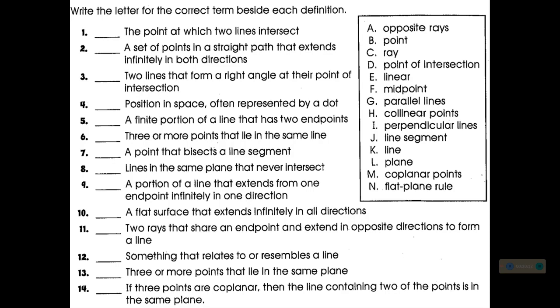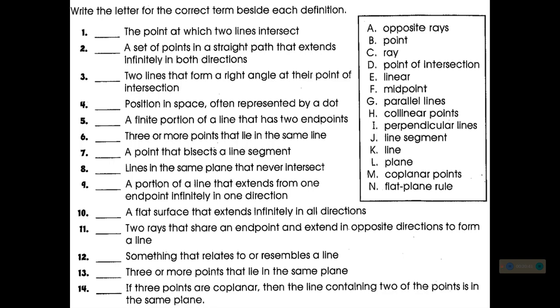That is letter I, which is perpendicular lines. Next, number 4. It is the position in space, often represented by a dot. Correct. The first lesson in geometry, that is a point. So that is letter B.